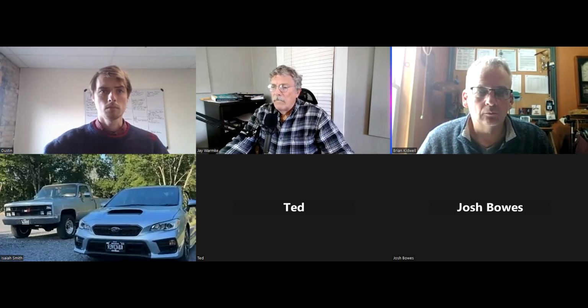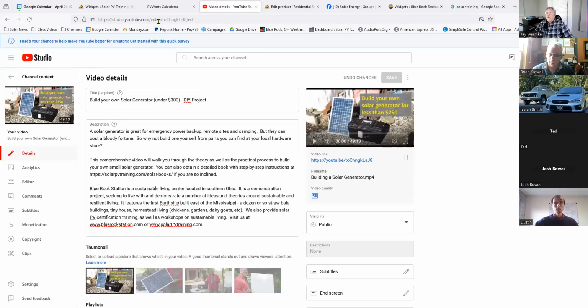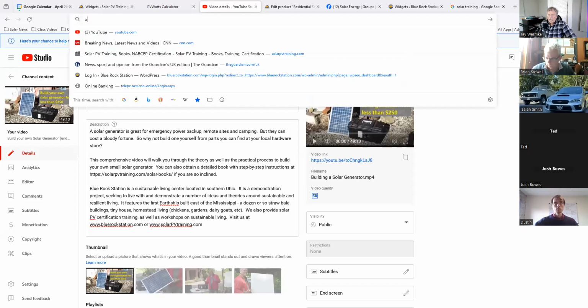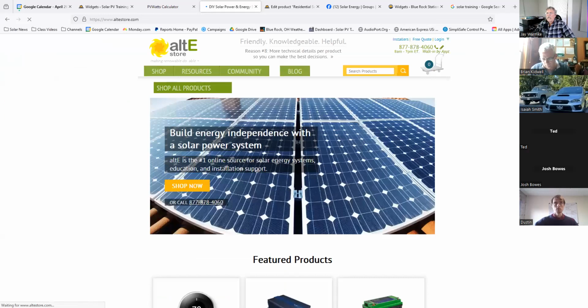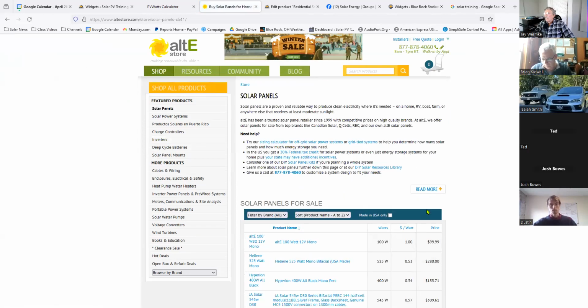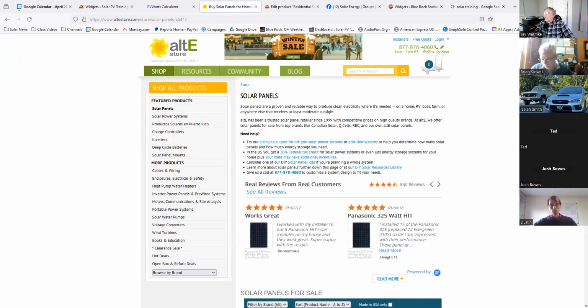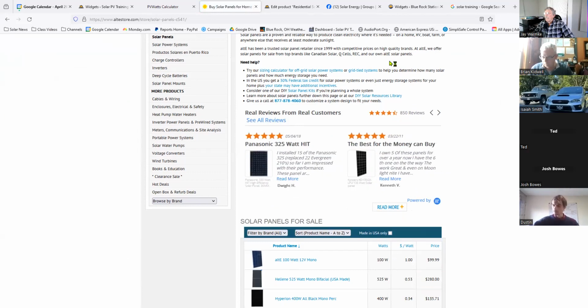And it might be, for example, I'm going to share here and we'll go to Alt-E. I just like the way their site navigates. And we'll go in and we'll buy some solar panels. One of the reasons I like this site is because you can sort by price per watt.